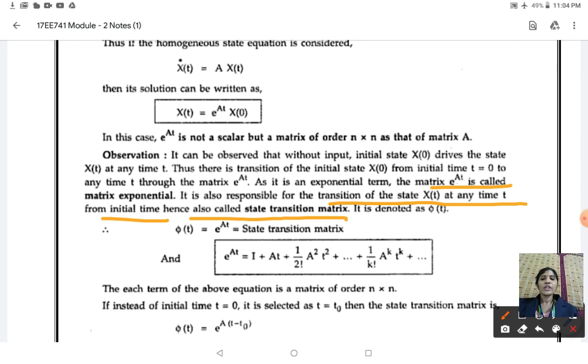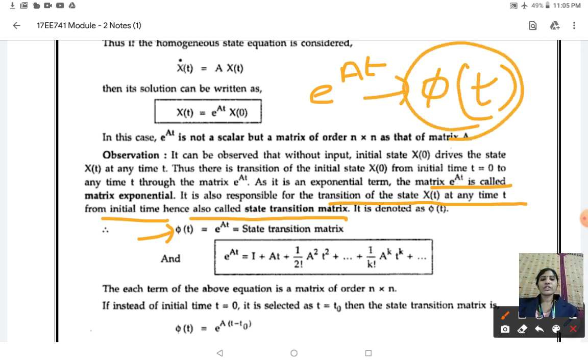And also it can be represented as phi of t. So e power at can be represented as phi of t. So it is the representation of your state transition matrix, and the formula to obtain the state transition matrix is 1 plus at plus a square t square, and it goes on.